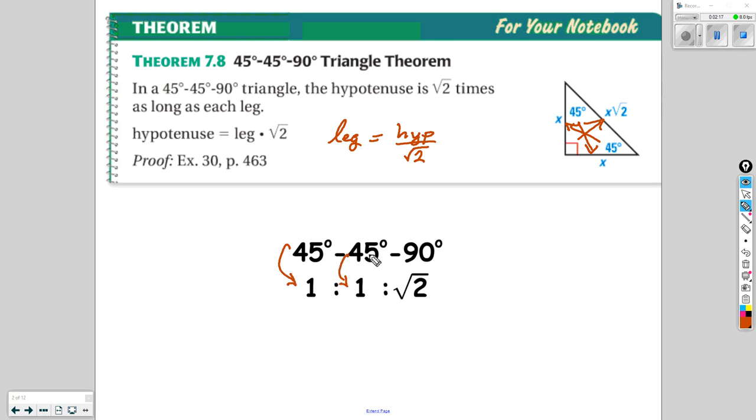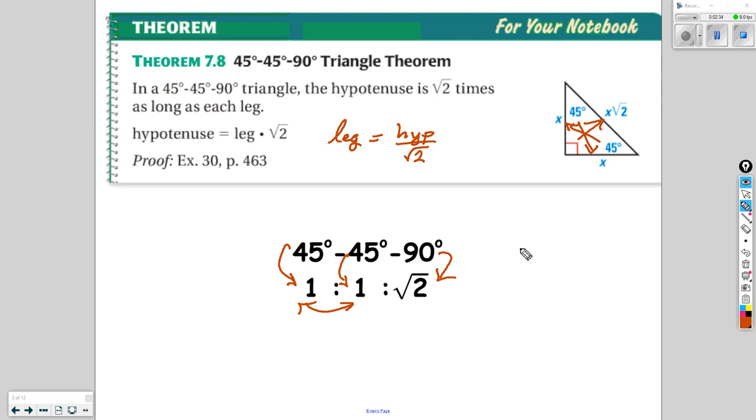The other side opposite the 45-degree angle also has a ratio of 1, which just means that they're the same. And then the side opposite the 90-degree angle has a ratio of root 2, so we just multiply the leg by root 2.